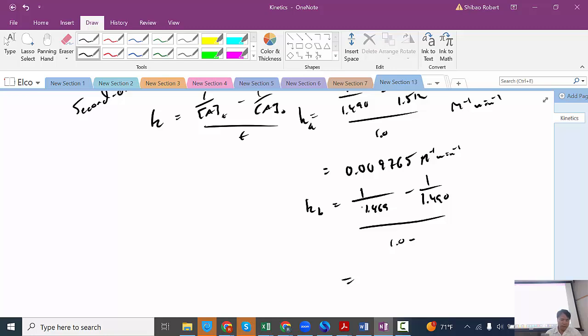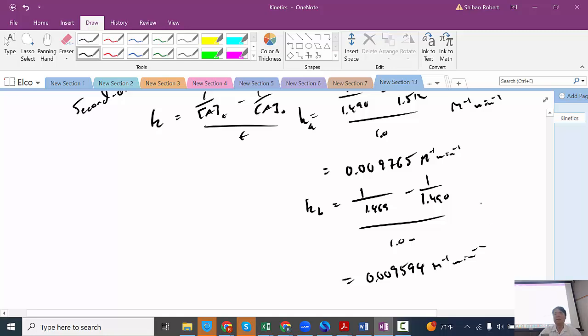My calculator hit the wrong key. So I'll just do 1.469 invert minus 1.49 invert. Why does it keep doing that? I hit the minus key and it keeps multiplying it for me. Do you have it, Mina? 9.594 times 10 to the minus 3. Okay.